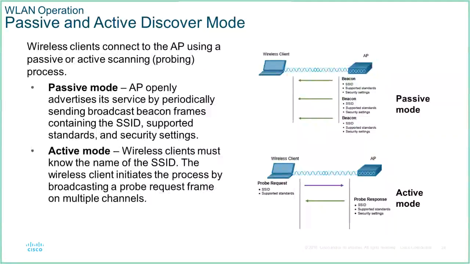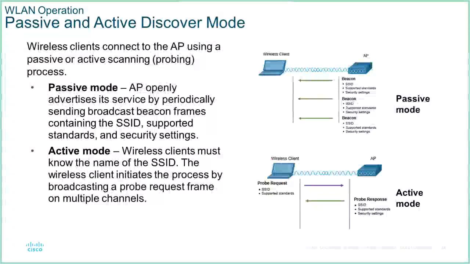Alright, so what's happening in passive and active modes is where the SSIDs are always sent or requested. Now, the beacon always contains an SSID, and the beacon always is sent at a periodic spacing.